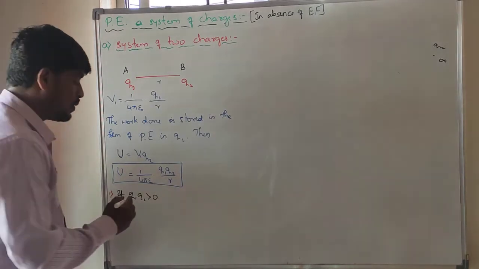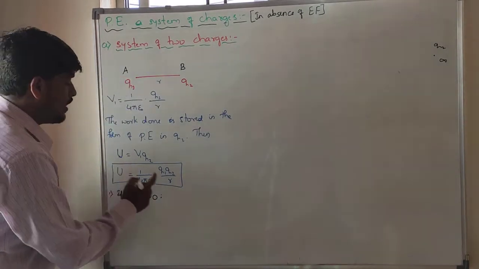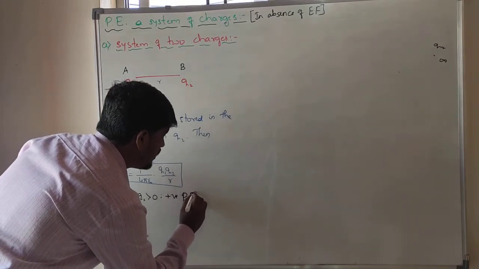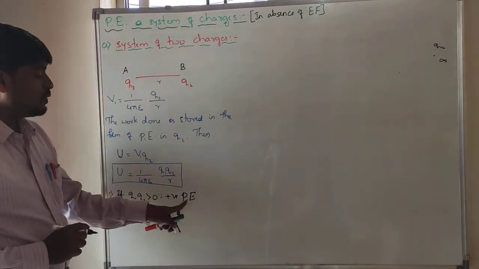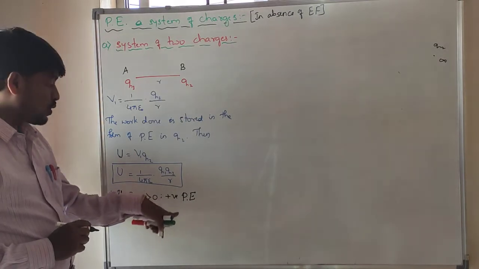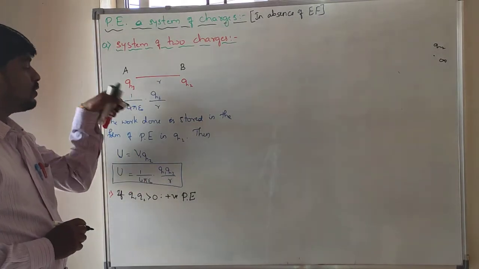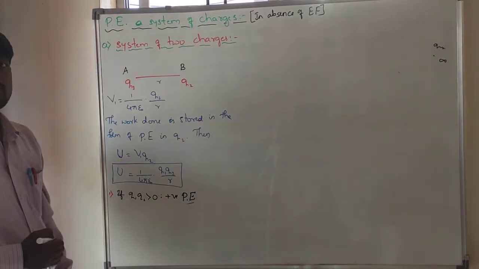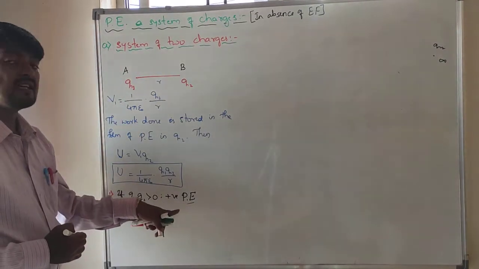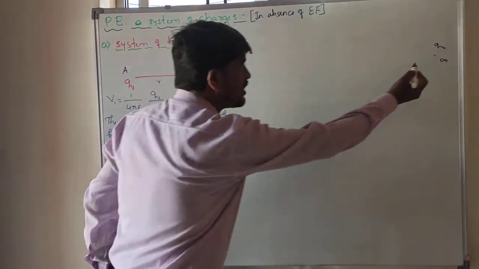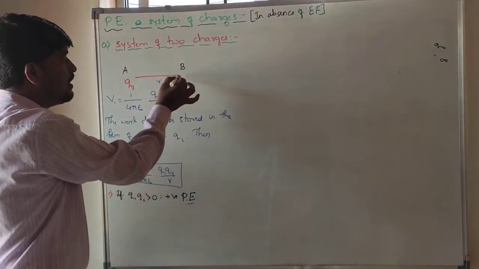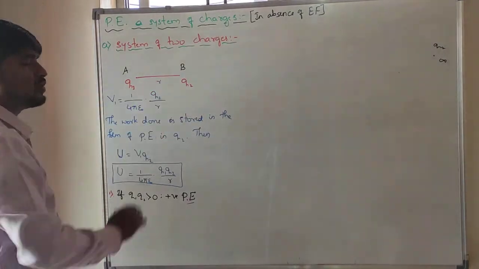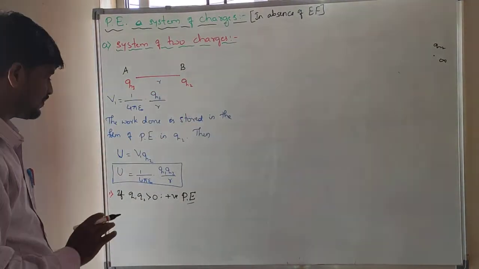In this case, positive potential energy is stored in Q2 due to Q1, or I can say positive potential energy is required to bring the charge Q2 from infinity to a finite distance. Finite distance means any distance from the charge Q1.